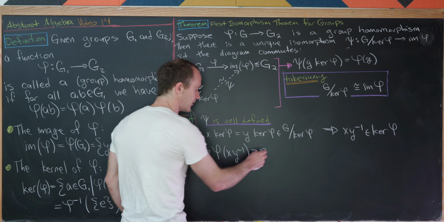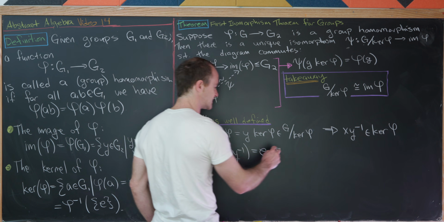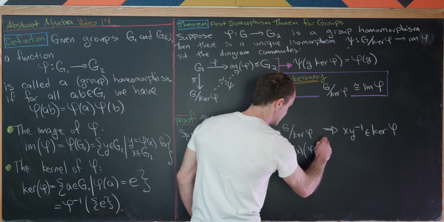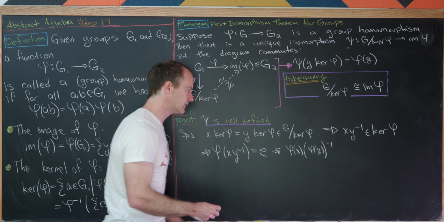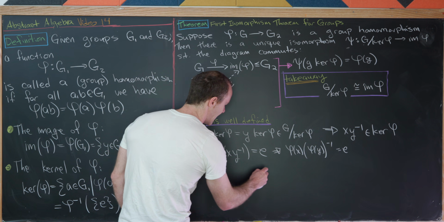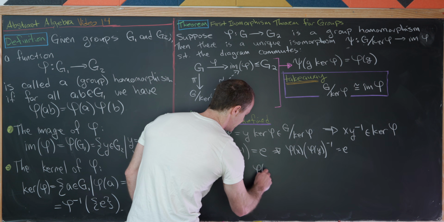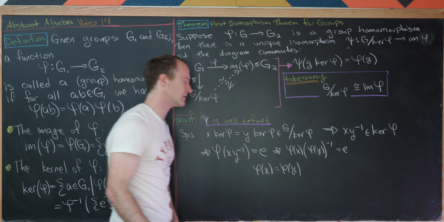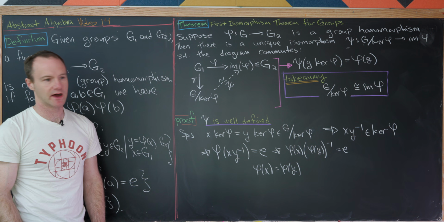Oh, but what can we do from there? Well, now we can apply homomorphism rules to split this up into phi of x and then phi of y all inverse equals the identity. Oh, but that means that phi of x must be equal to phi of y just by right multiplying by phi of y.